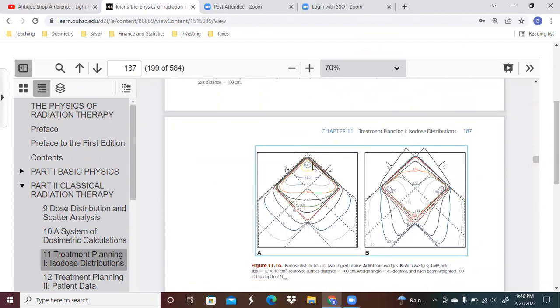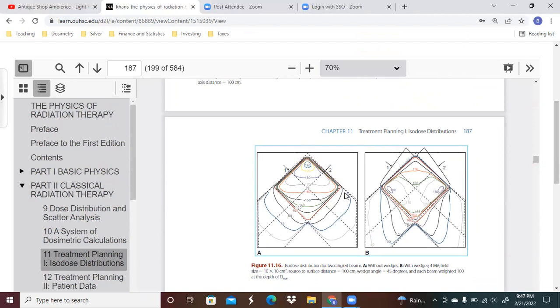If you have two beams, one coming in this way and one coming in that way, you're going to end up with a real high hotspot here that diminishes as you go further into the patient. It's not very homogeneous. Again, your goal for treatment planning is to create as much of a homogeneous field or treatment volume to be able to hit all of your target.